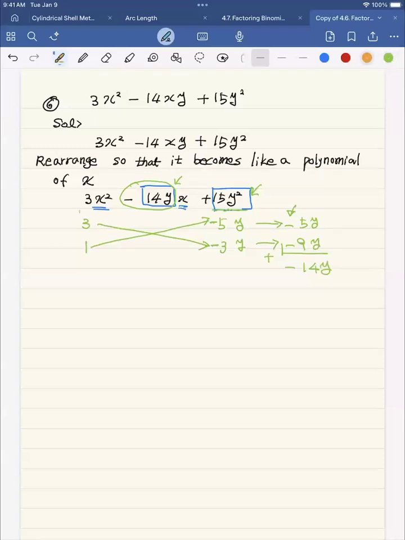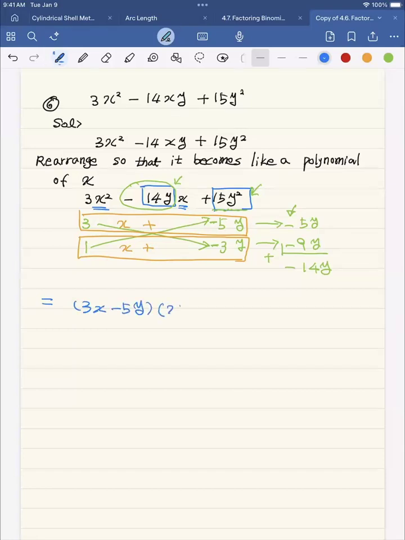And then combine as we did, x plus, x plus. So that equals 3x minus 5y times x minus 3y.